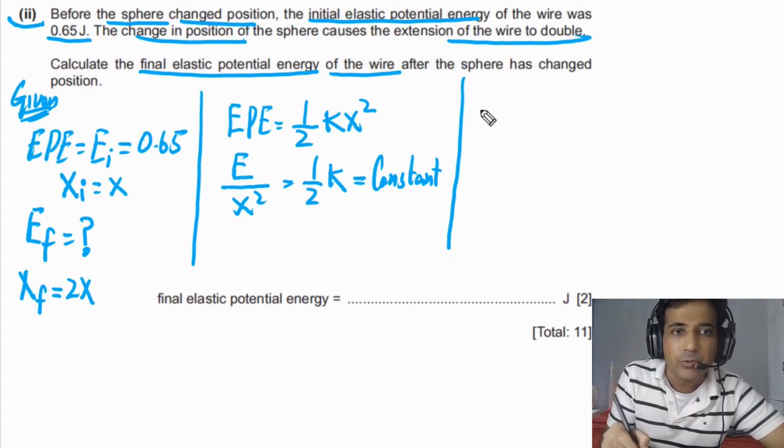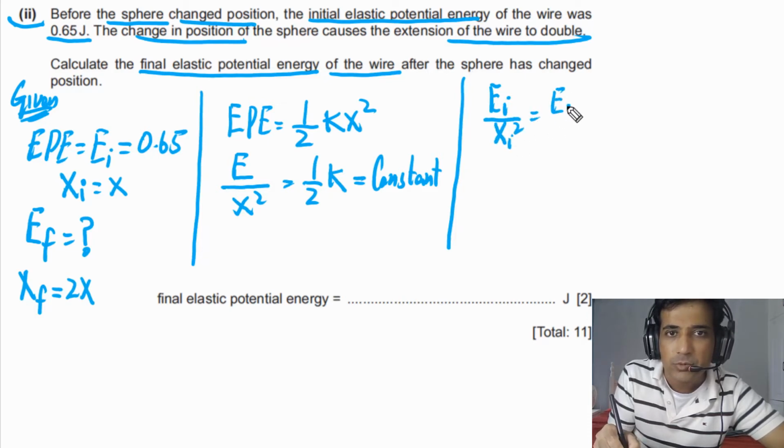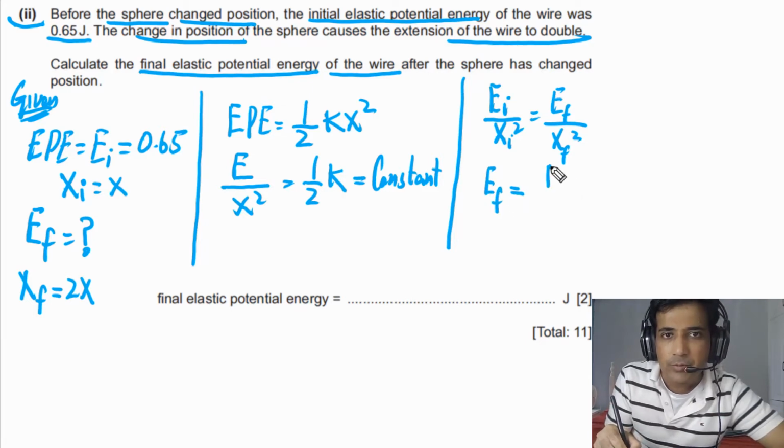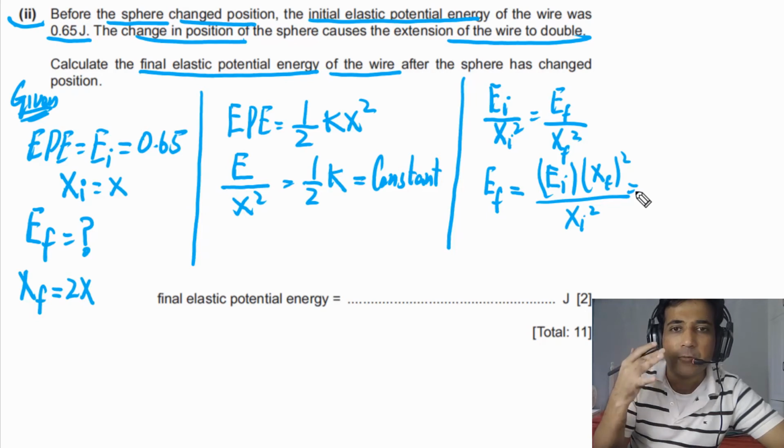So the ratio E_I over X_I squared has to be equal to E final over X final squared. We need to calculate E_F, so we rearrange: the final elastic potential energy is equal to the initial elastic potential energy times X final squared divided by X initial squared. Now we plug in values.